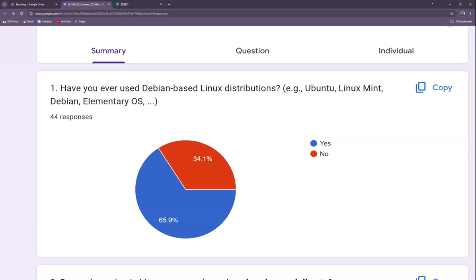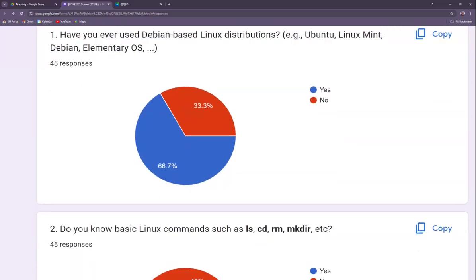Also, in the first lab, I will provide some instructions about how to install Linux operating systems on a virtual machine. You can follow the instructions, but you also need to practice some commands.